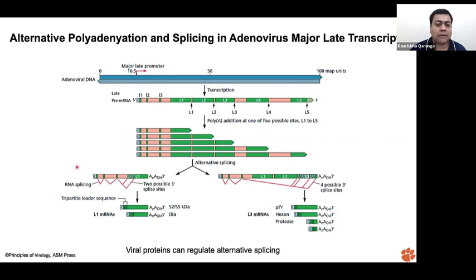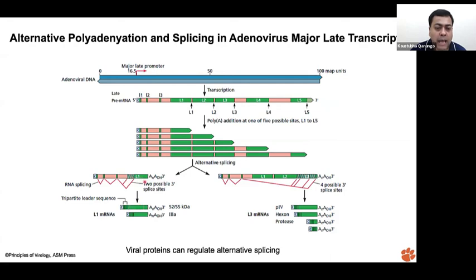So now a very interesting thing happens. You can see that by the alternative splicing, these 3 regions, 1, 2, 3, remain, and then you have added the L1 splice site to that, and you have an alternative splice site.